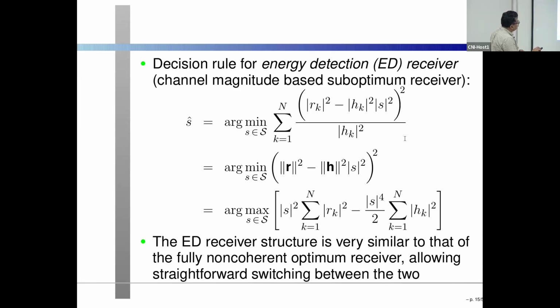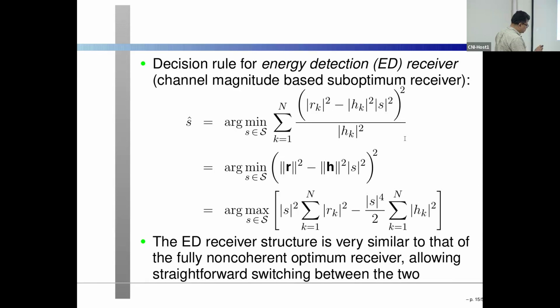Here you subtract between the squares of them, and then take the square and normalize by the channel coefficient, mod of the channel coefficient squared. Well, this is equivalent to this. You can easily show it. That's norm of R squared minus norm of H squared times mod of H squared, whole squared, argmin. So you can simplify this like this. So this is the ED receiver, or energy detection receiver.